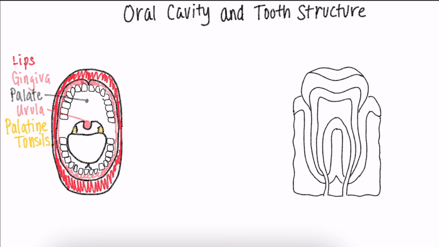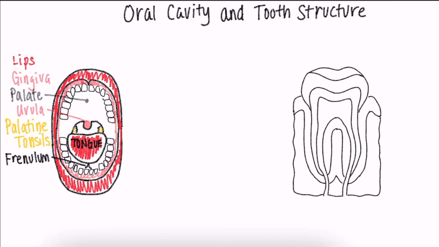Then there's the tongue right here. And the tongue is anchored to the floor of your mouth with something called the frenulum. It's a little strip of connective tissue that connects the tongue to the bottom of your mouth.